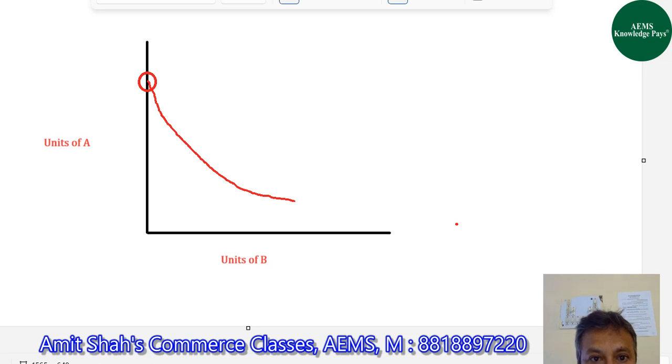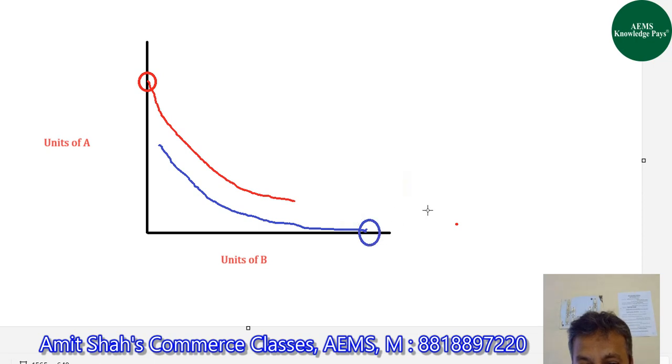On the other hand, if an indifference curve is like this, touching the x-axis, at the point where it is touching the x-axis, that is here, we have some units of commodity B but zero units of commodity A.